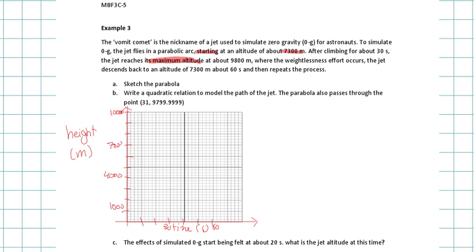Now, my starting point is an altitude of 7,300 meters, so it's about here. And then it says that after climbing for about 30 seconds, it reaches a maximum height of 9,800 meters. So 30 seconds and 9,800.